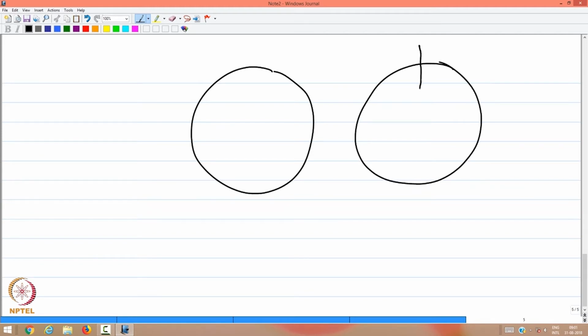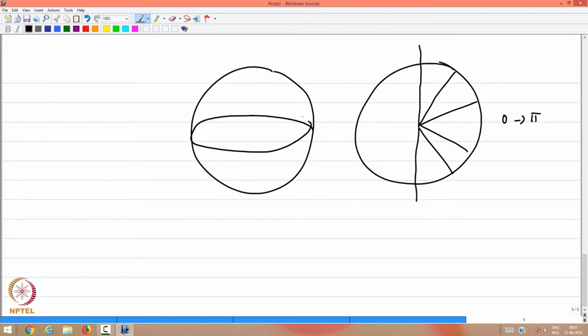You recall that the theta part was essentially going from this to this to this to this. Therefore, the polar coordinate is from 0 to pi, but for any theta value, phi will take a circular system, all values from 0 to 2 pi.